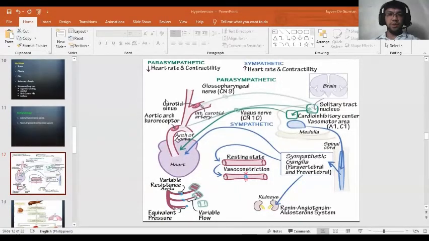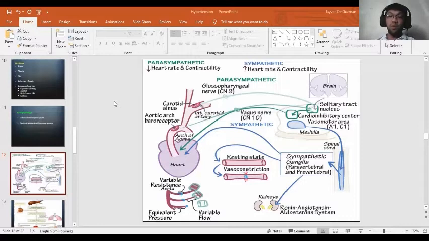Okay, now we go to the arterial baroreceptor system. Now we have two things here, the sympathetic and the parasympathetic system. As we all well know, once the sympathetic nervous system is activated, there's an increase in the heart rate, including the contractility. But once the parasympathetic nervous system is activated, there will be a decrease in the heart rate and cardiac contractility. Now, for this whole thing, the arterial baroreceptor system, there are baroreceptors found on the aortic arch and the carotid sinus.